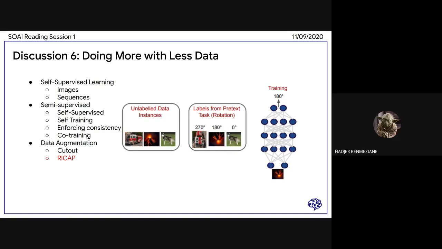There is another method which is self-training. In self-training, I train a model on the labeled data with supervised training, and then I infer from this model the labels of the unlabeled data. So I first train my model on the labeled data, then I use this model to label the unlabeled data, and then I retrain my model with the whole labeled data.